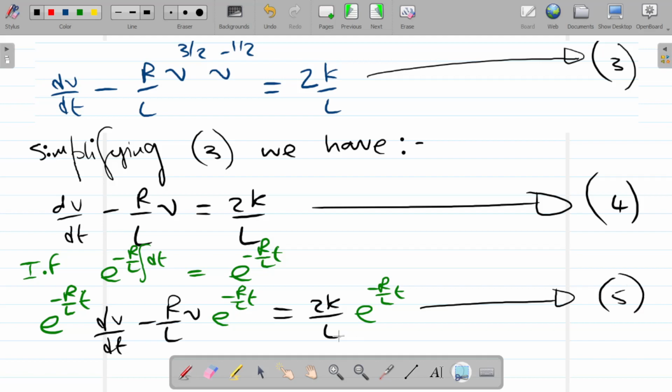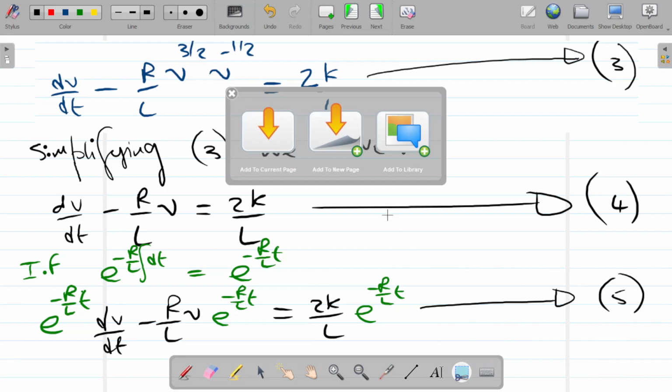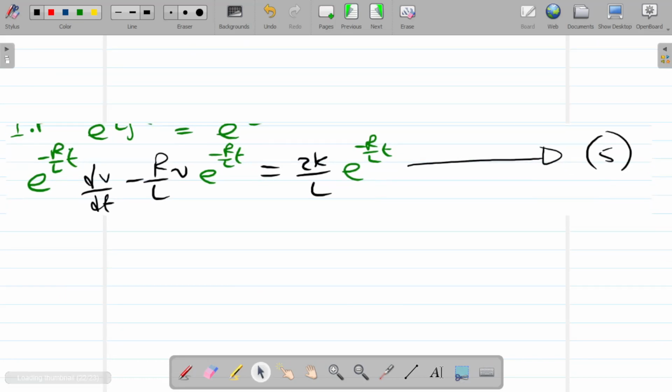And once again, I'm going to cut and paste it. So it doesn't matter if we cut that off. There we are.